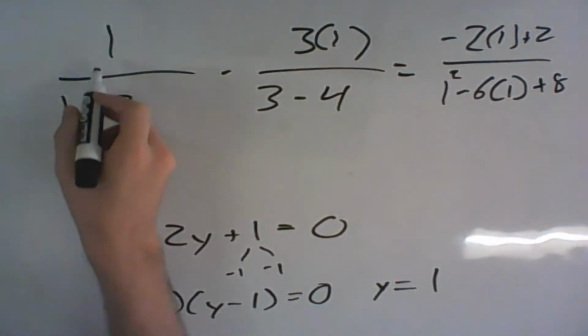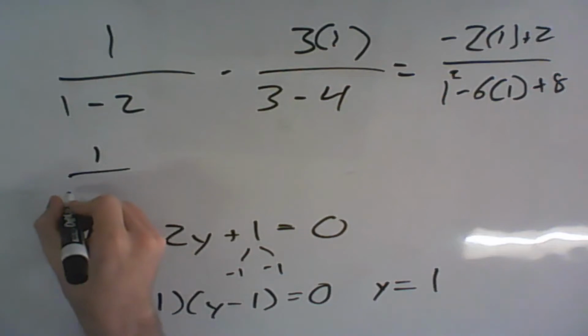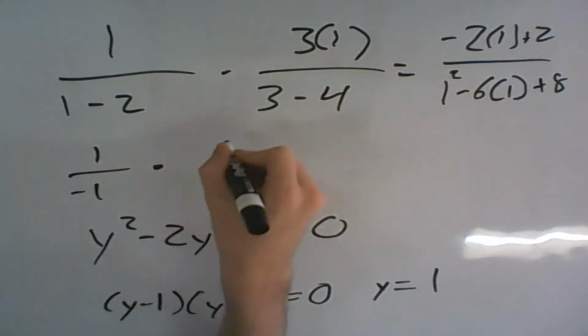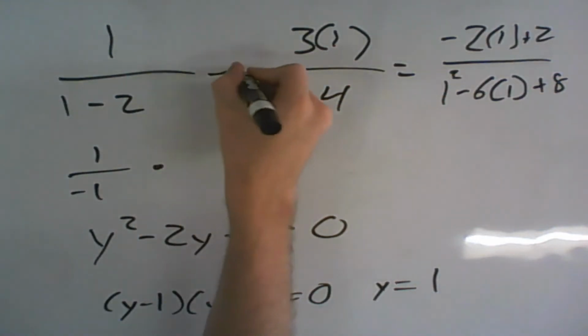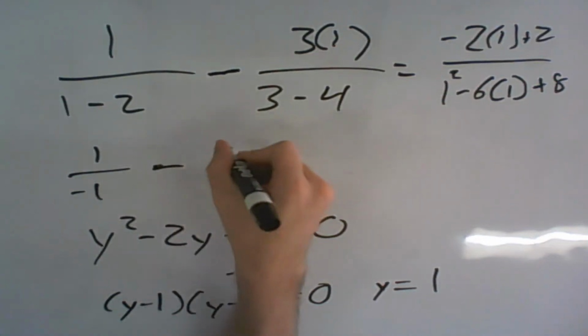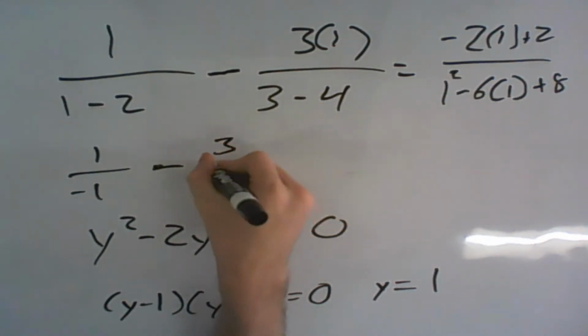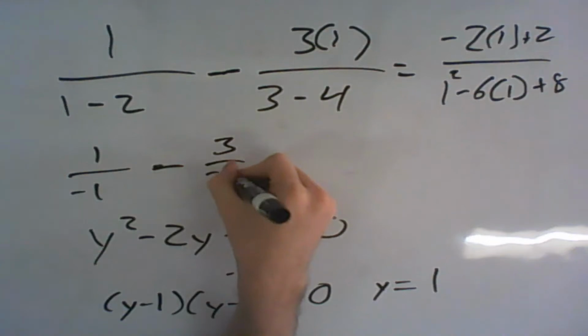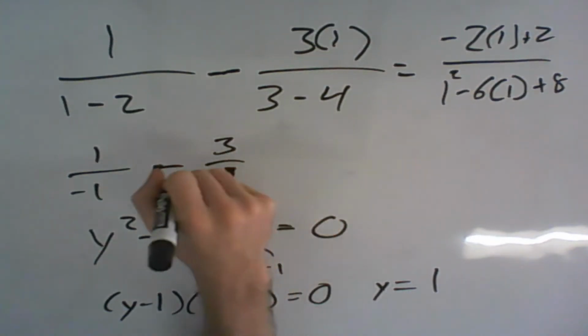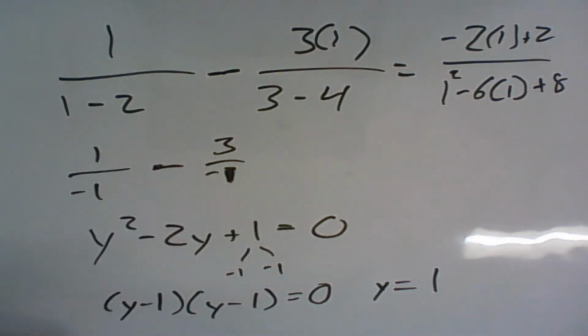Okay, so this becomes 1 over negative 1. And this is a minus, and this is minus 3 over negative 1. Is that correct? Yeah, that's correct.